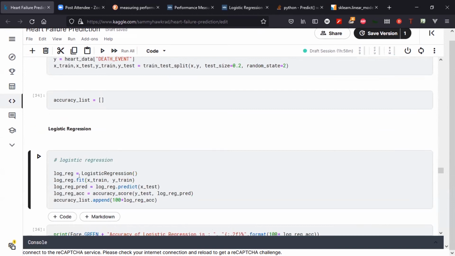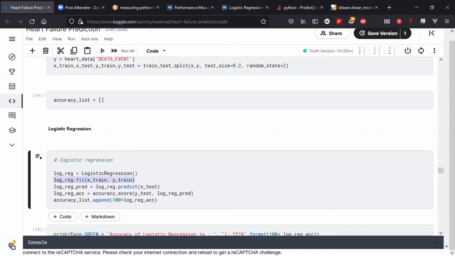And this is the simple statement that is doing the training of the machine. This simple statement here: logistic regression.fit. So after this is run, it means the training is done.